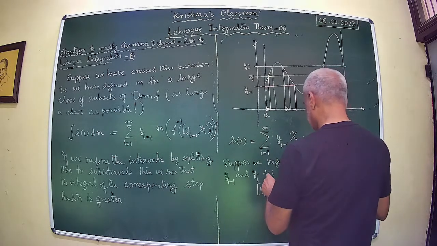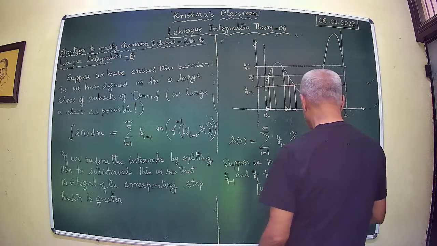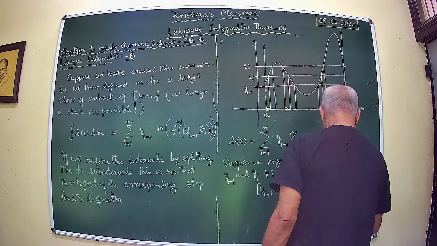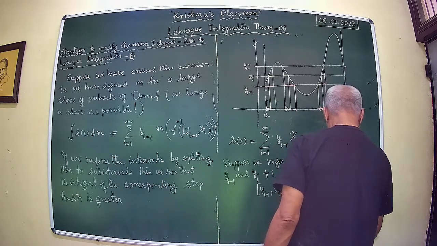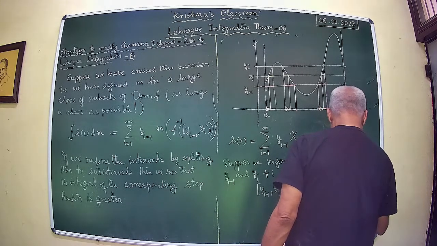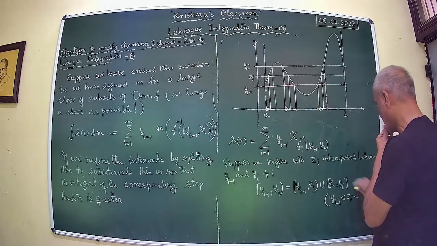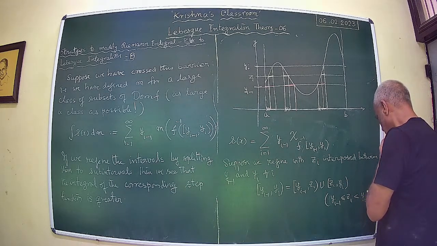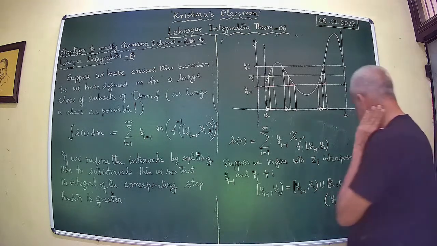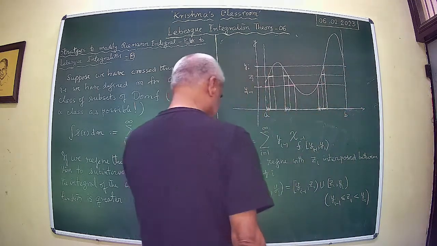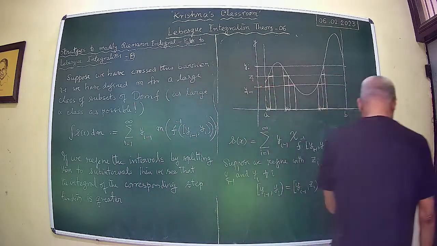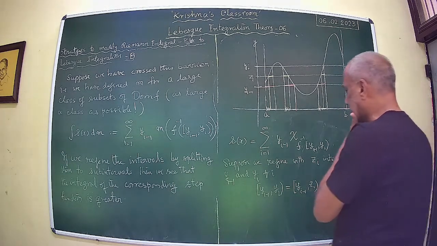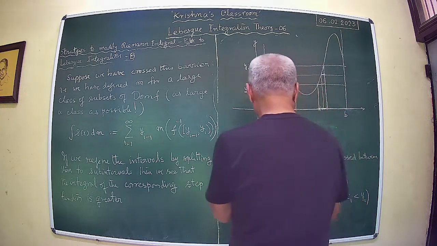So what we have is this, that some point between yi minus 1. Then what you observe is this. See, you write down the corresponding function.